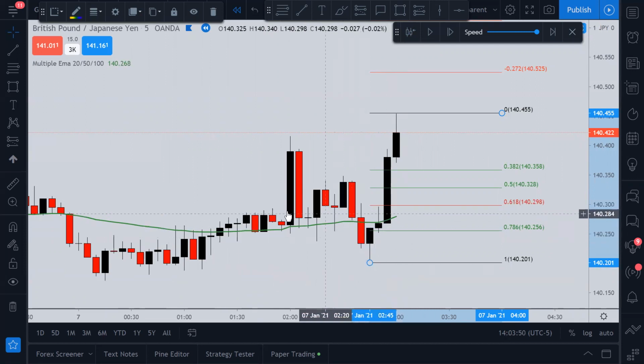So what I notice here is the 50 EMA is turning up, and that's a good sign. And we have the price come down and then break this level.